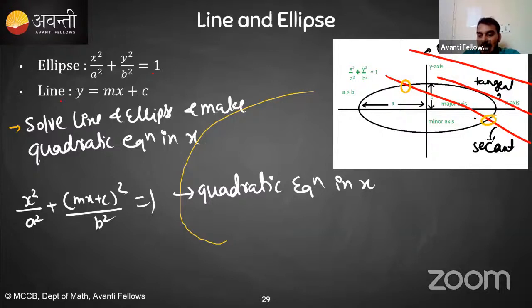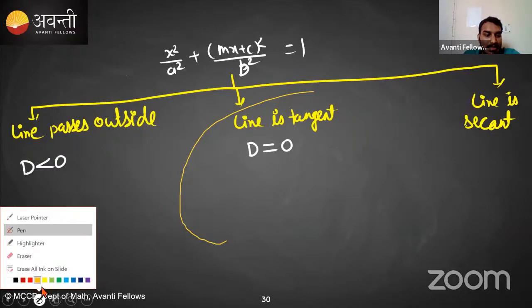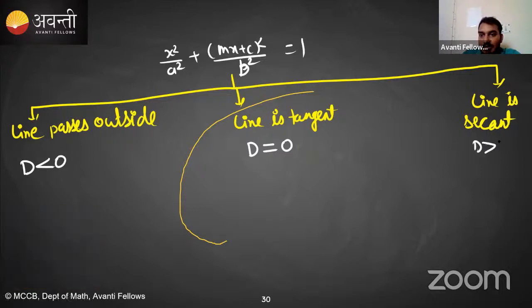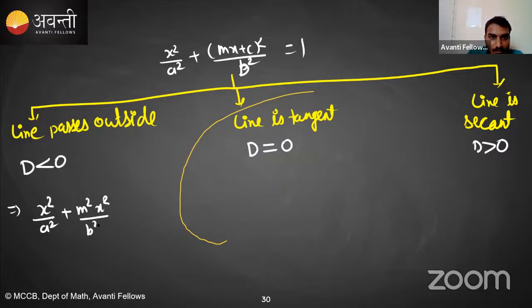So this solution will come when D is greater than 0. Is this clear, students? Okay. So when you solve this, let's make this a quadratic: x square upon a square plus m square x square upon b square plus 2mc upon b square into x plus c square upon b square minus 1 is equal to 0.